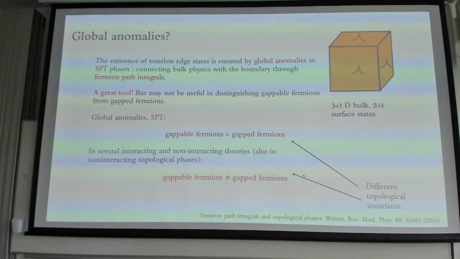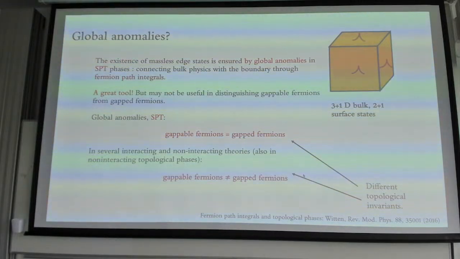However, as I was discussing with Tin, there is a bulk-boundary correspondence in all of these examples that you can find if you are paying attention to global anomalies, where the existence of massless edge states is ensured by the global anomalies connecting bulk physics with the boundary through fermion path integrals.